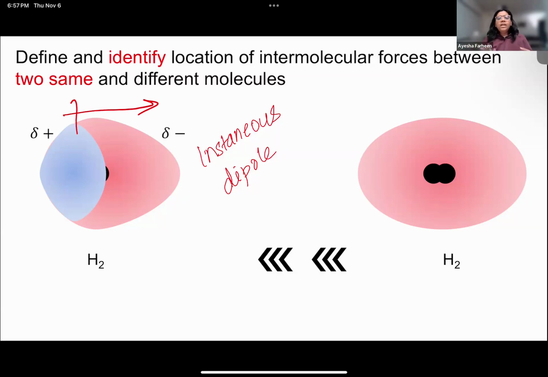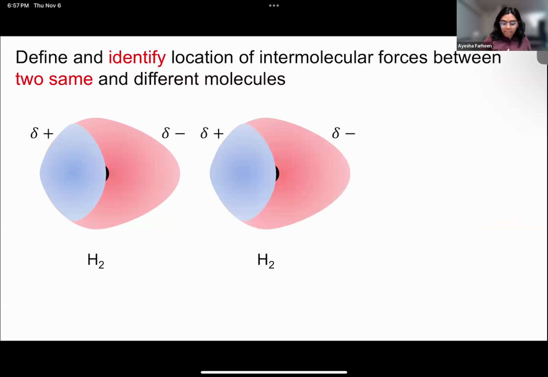and then the rest of the molecule will result in partial positive. Okay. Now, what happens if this molecule on the right starts going towards this molecule on the left? There's an instantaneous dipole on the left, but the molecule on the right, chilling, has no dipole. It's a nonpolar molecule, as you remember. And then boom.